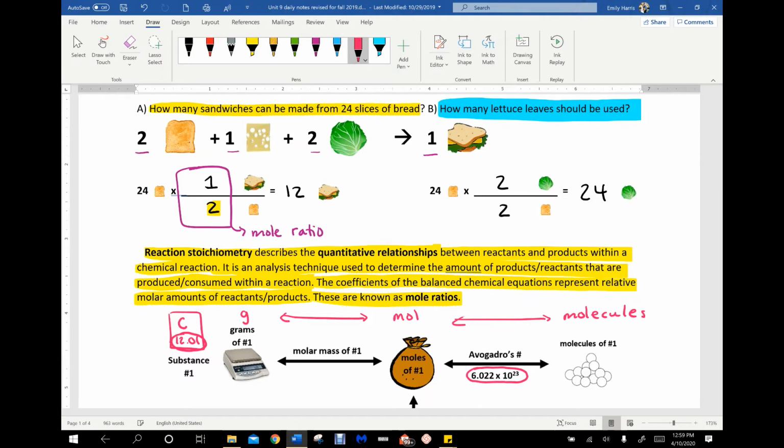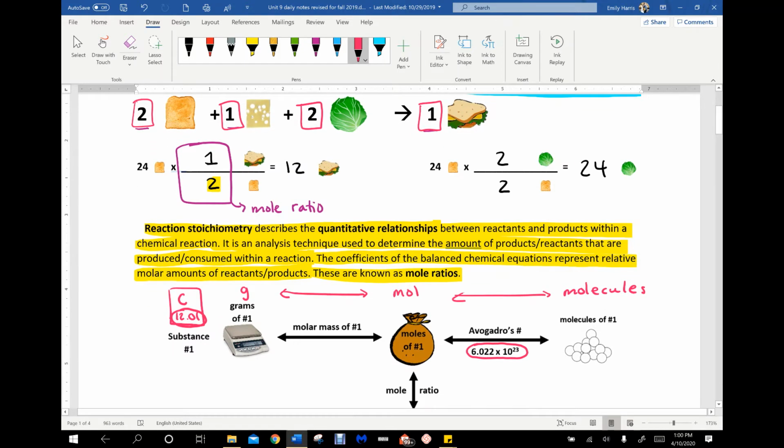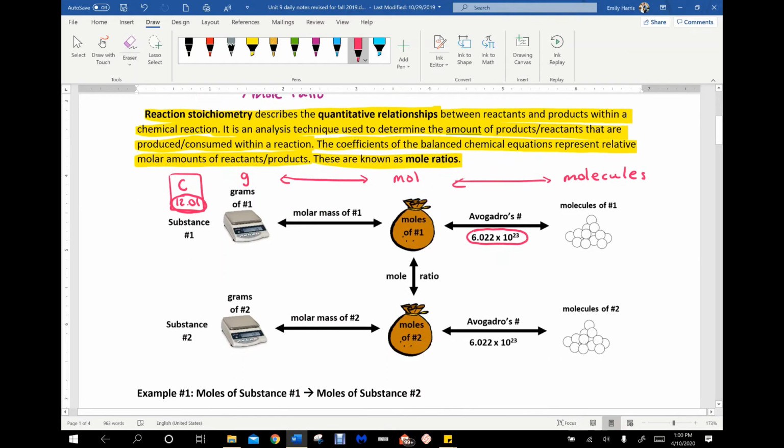But this time, instead of just assuming the number 1 for moles, our moles are going to come from the coefficients of the chemical reaction. Every coefficient represents an amount in moles. The next thing that changes is that instead of working with one substance, we're taking a starting substance and comparing it to another substance within the reaction.